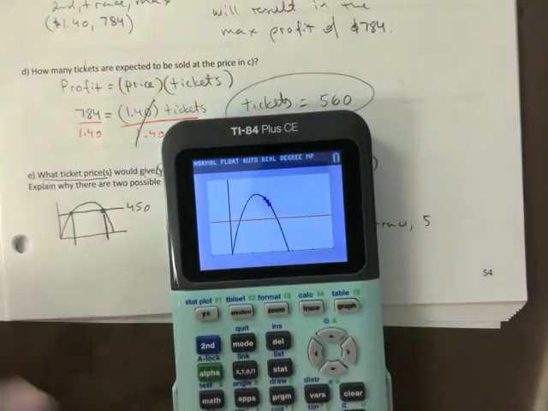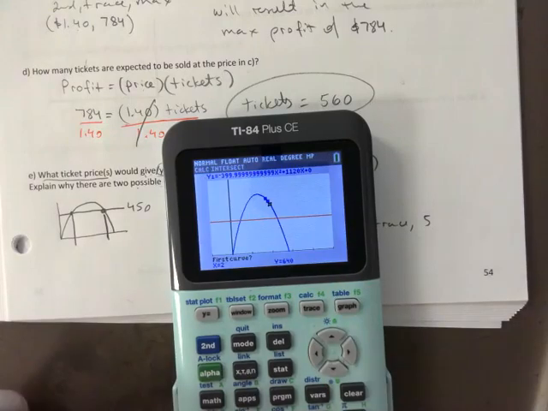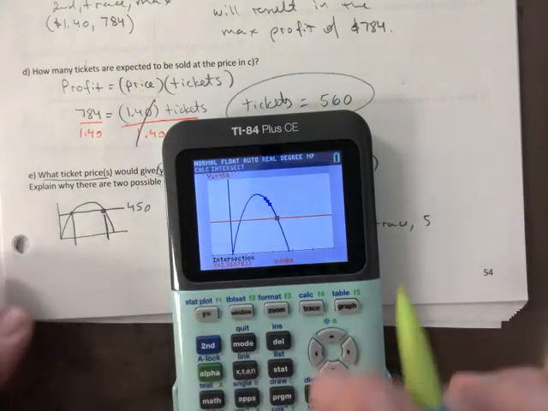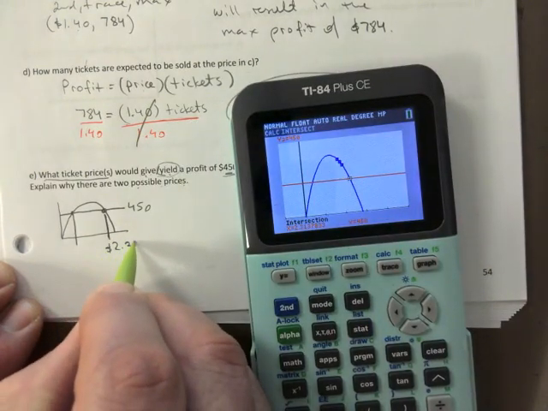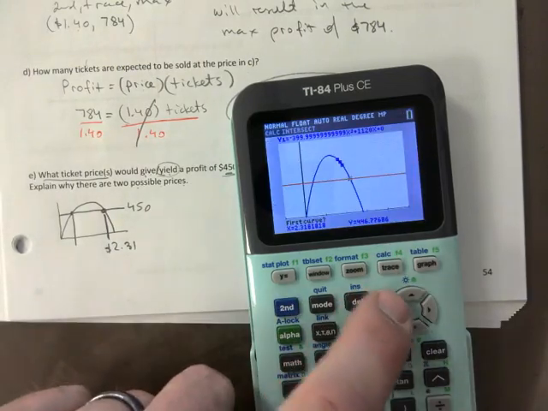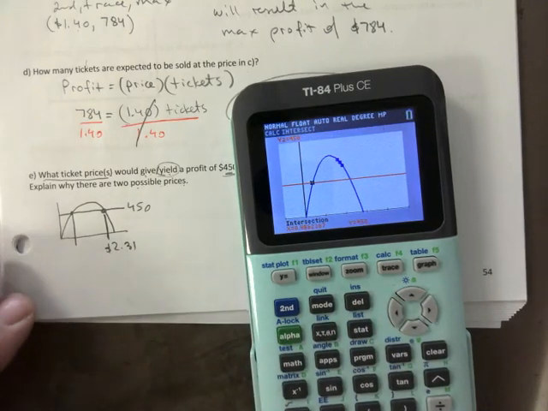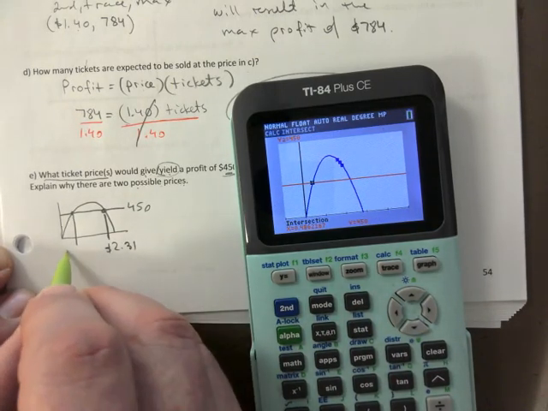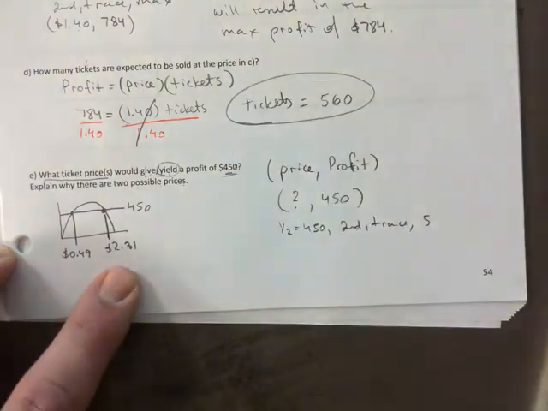We're not going to subtract them because this is not a time question. So if you find the first, this one here is 2.31. And the first one is 0.49. Okay.